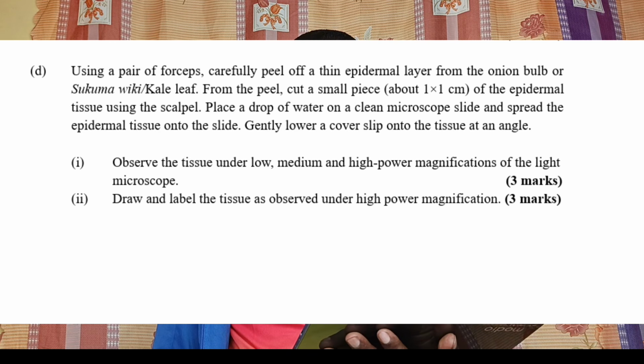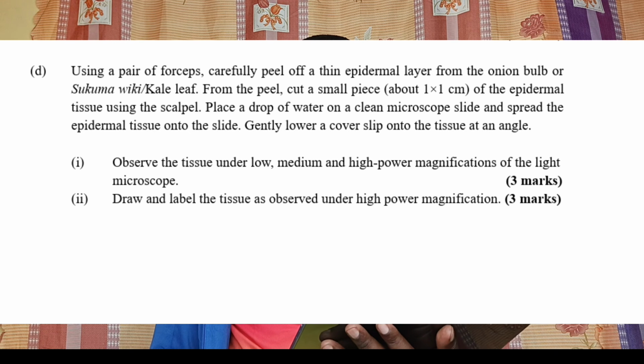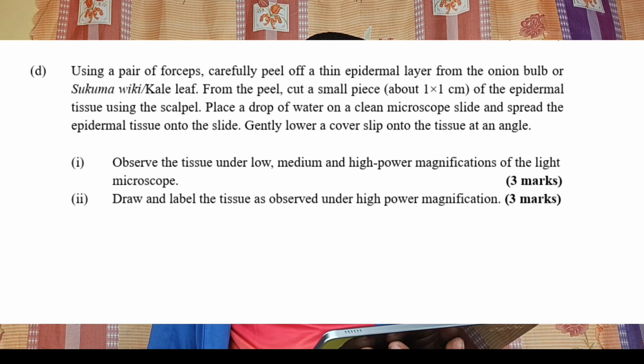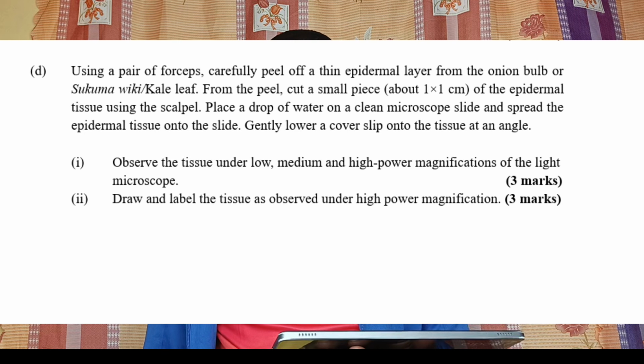Spread the epidermal tissue onto the slide. Gently lower a cover slip onto the tissue at an angle. Observe the tissue under low, medium, and high power magnification of the light microscope. Place the microscope in an appropriate location facing the direction of natural light, that is close to a window.